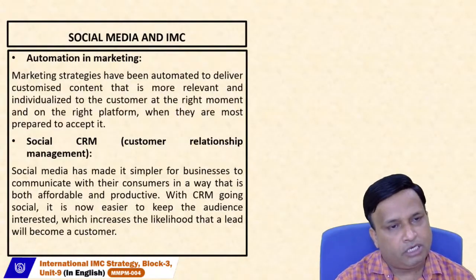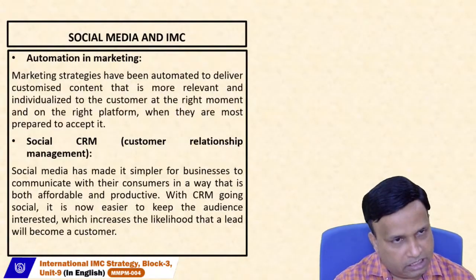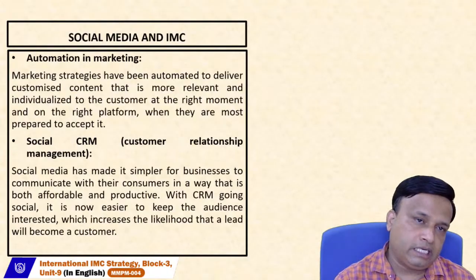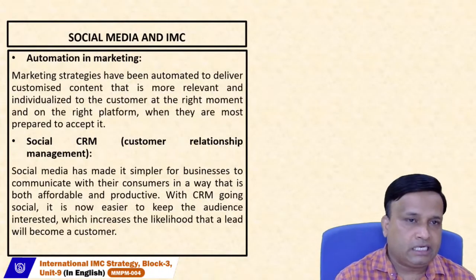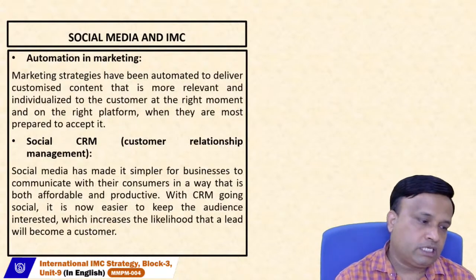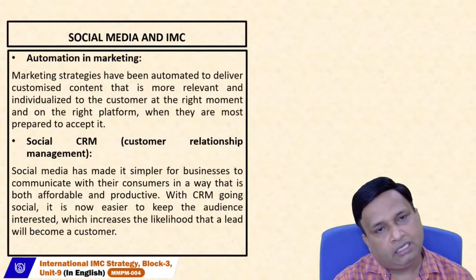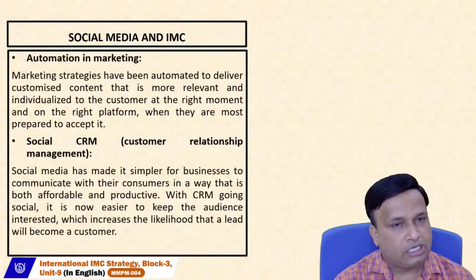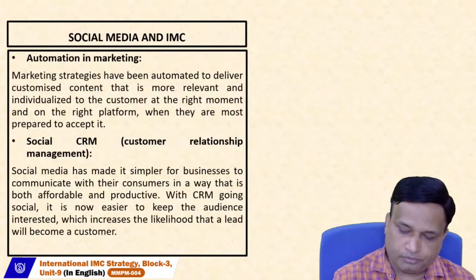Your target audience is defined, your age group is defined, your demographic details are defined, everything is defined. That is why it is more of automation in marketing and social CRM. That is why social media has become a growing trend or growing approach as far as marketing is concerned.